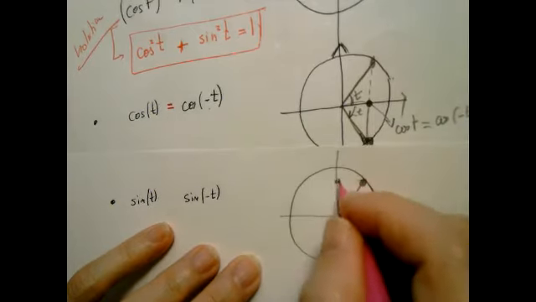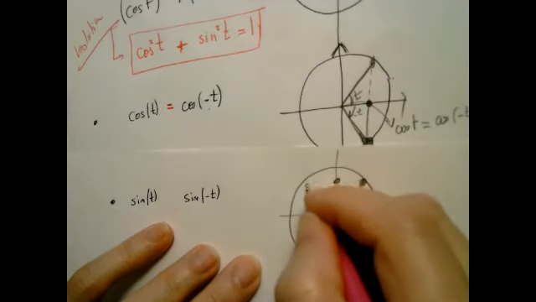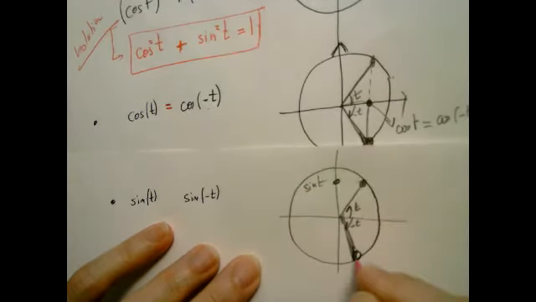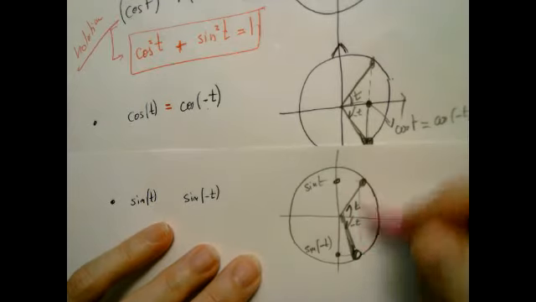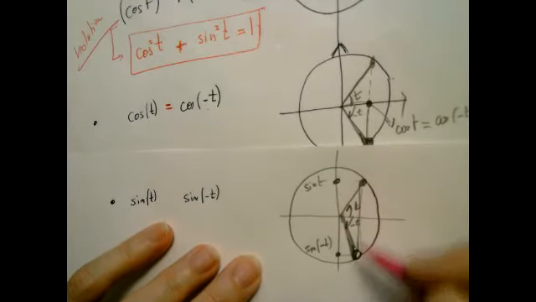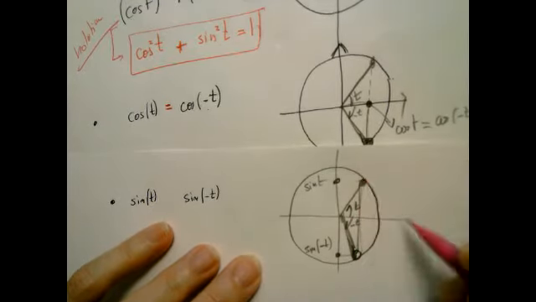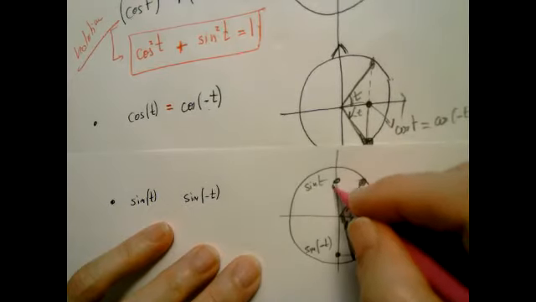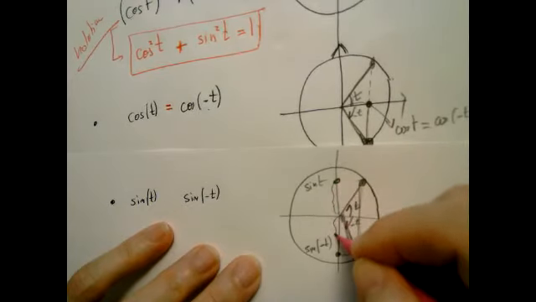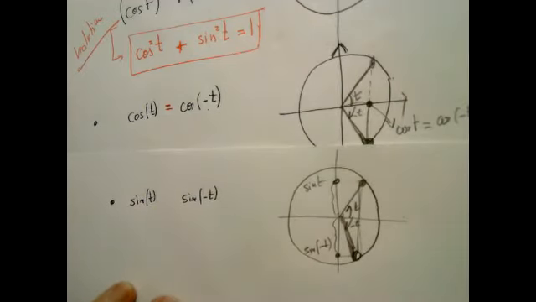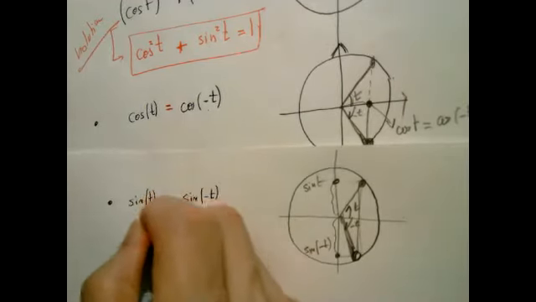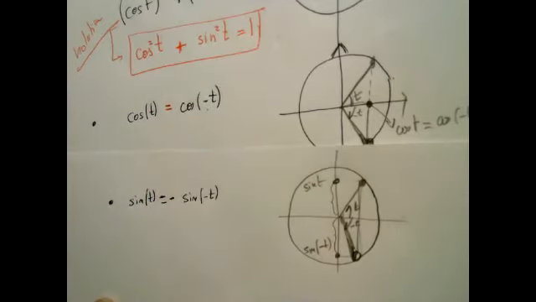So that's the sine of t, and right here is the sine of minus t. If we look at the picture, this point is totally symmetric to that with respect to the x-axis. It means from here to here, the length of those is the same, but they are opposite to each other. So this gives me the relation between them.